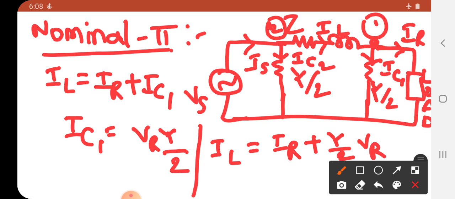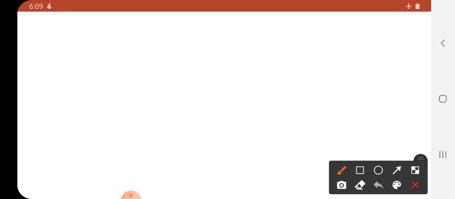This is an expression for IL. Do you get this? Then now let us apply the KCL at node 2.